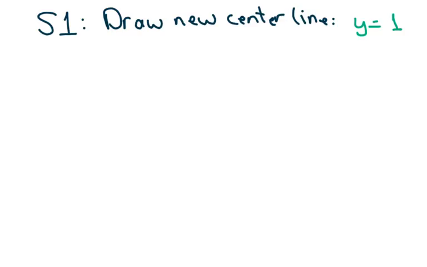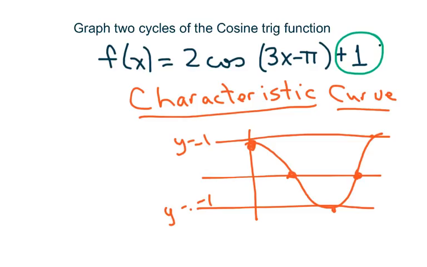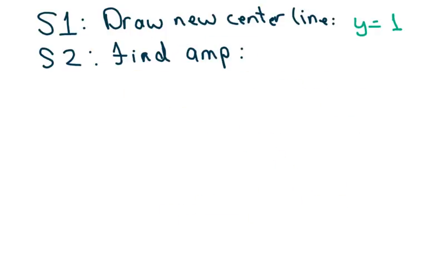Now, step 2 is to find the amplitude and draw it. I look back and notice my amplitude is 2.